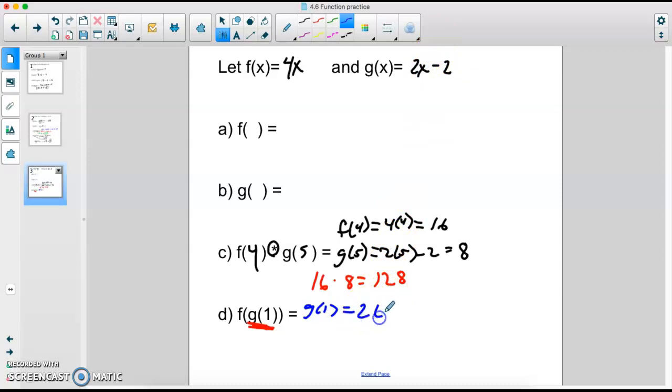So 2 times 1 minus 2. So this is actually going to work out kind of interesting, because 2 times 1 is 2, minus 2 equals 0. Interesting. Okay, so we can still do this. So now we're going to plug in the 0 for the f function. So f of 0 equals 4 times 0, and in this case we get 0 as an answer.